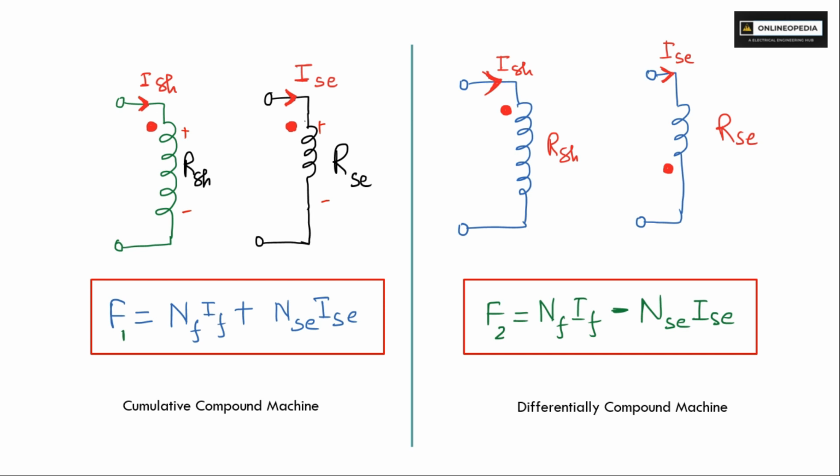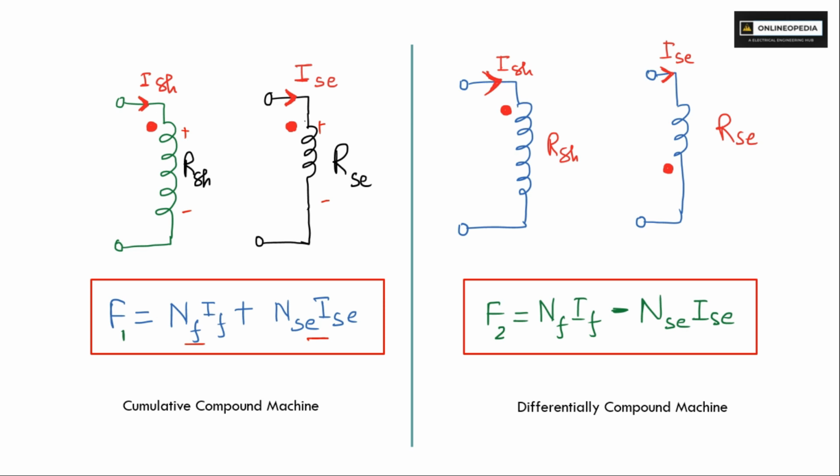In that case the total MMF produced by the machine will be additive in nature. That is, this MMF is due to the shunt field winding and this MMF is due to the series field winding. NSE is your number of turns in the series field and NF is your number of turns in the shunt field.